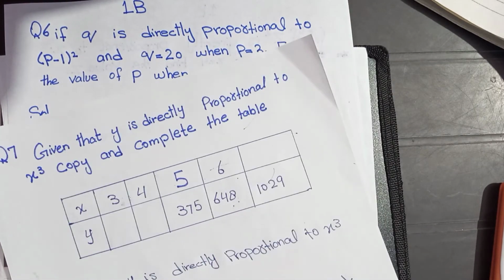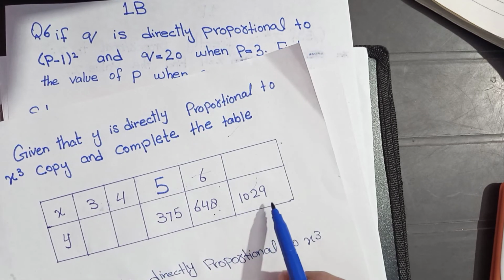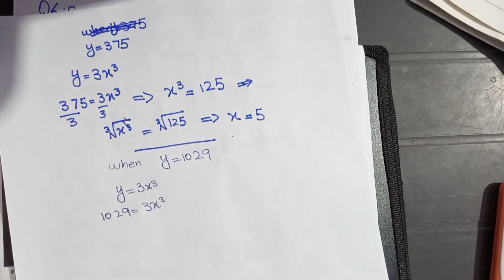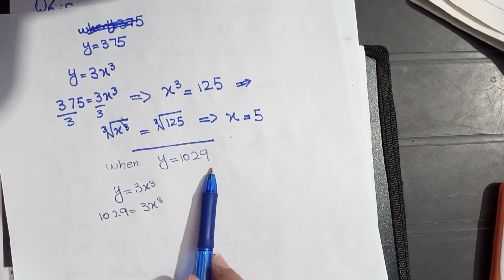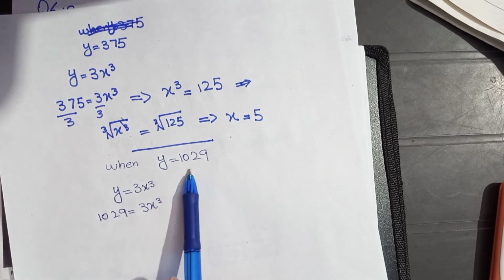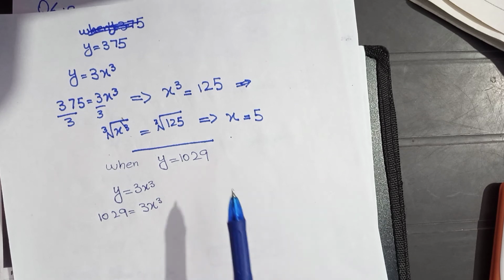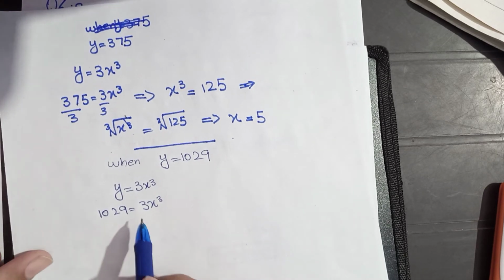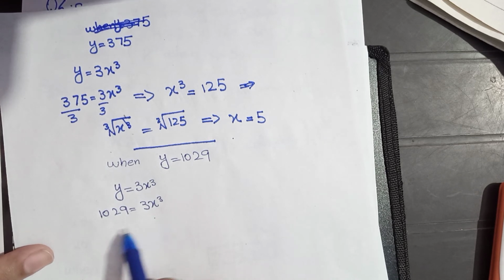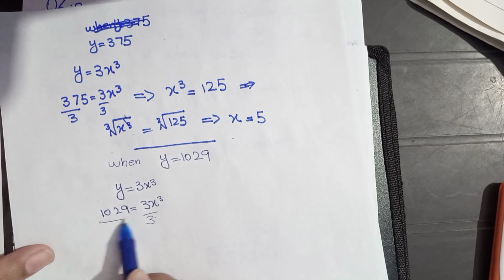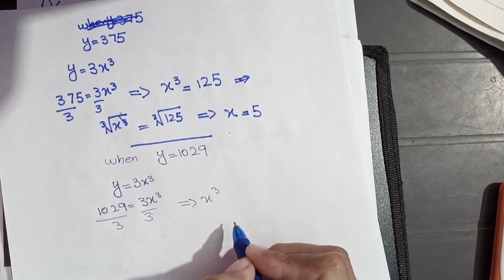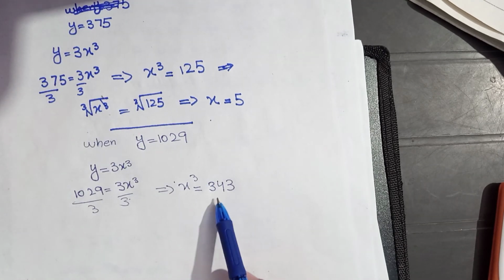Now when y is equal to 1029, the equation is y is equal to 3x cube. When we put y equal to 1029, to find the value of x cube we have to divide by 3 on both sides. x cube is equal to 343.